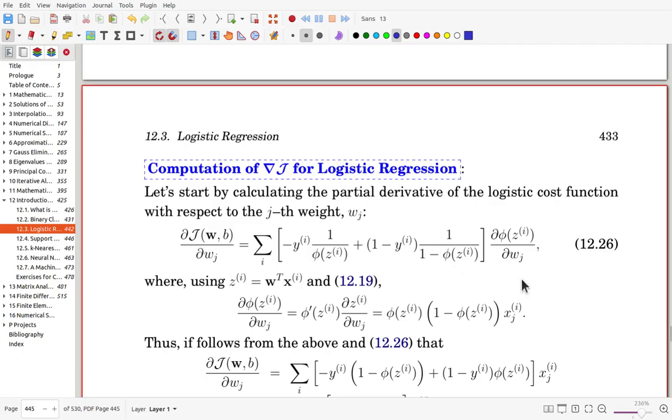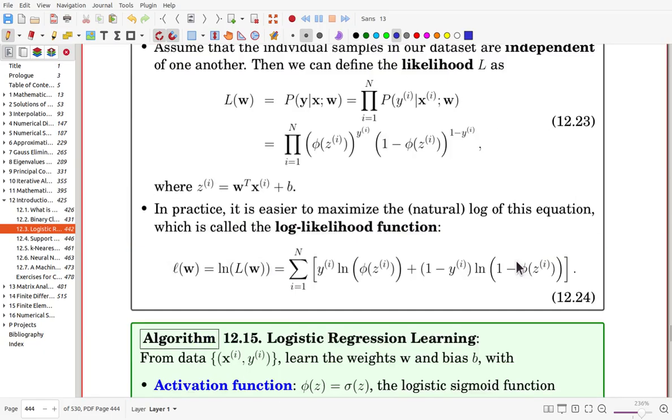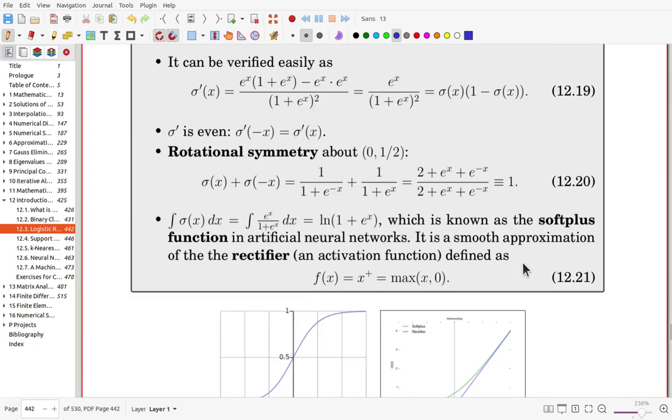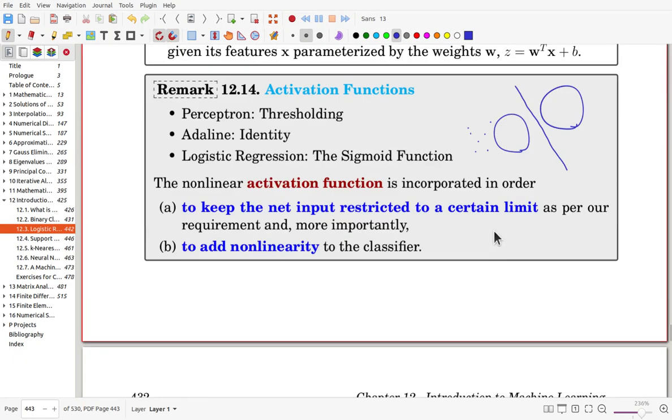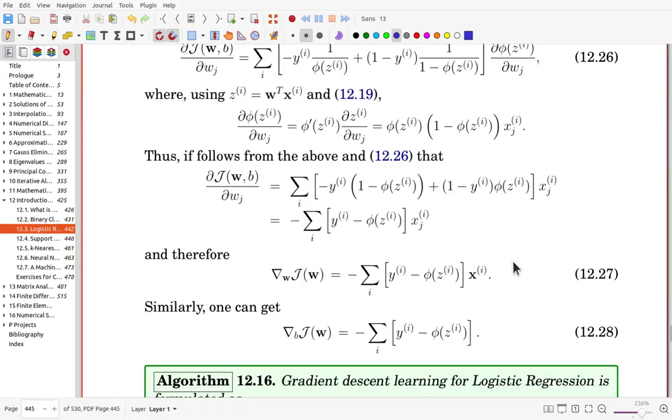For that one, we are using this identity: the derivative can be written as sigma(x) times 1 minus sigma(x). We'll use this identity to simplify. Then we reach here, and in vector format, we can write it in this way.